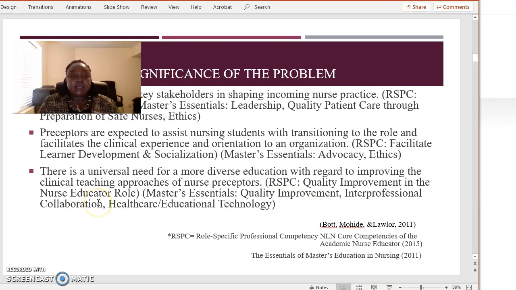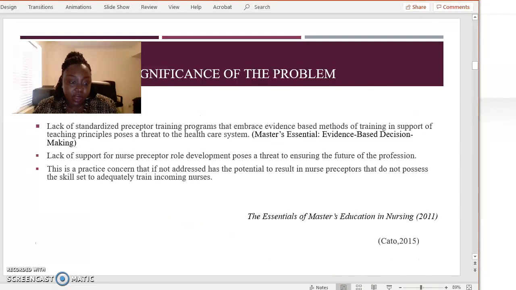So, the significance of the problem. Nurse preceptors are key stakeholders in shaping incoming nursing practice. Preceptors are expected to assist nursing students in transitioning from their role as nursing students to become nurses in practice. There is also a universal need for more diverse education with regard to improving the clinical teaching approaches of nurse preceptors.